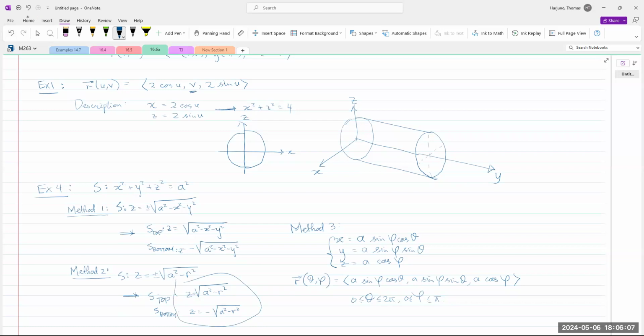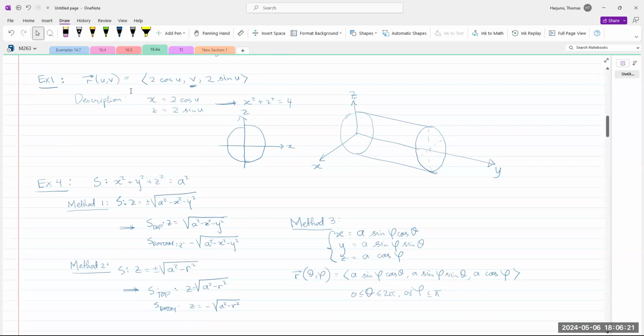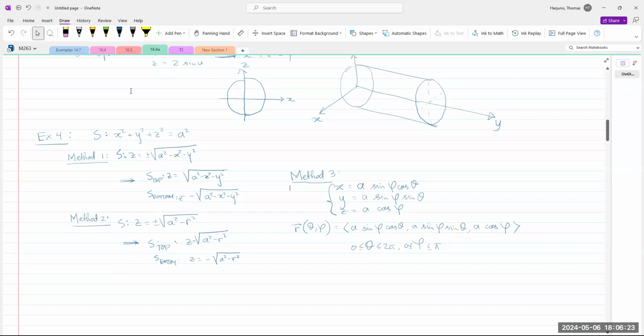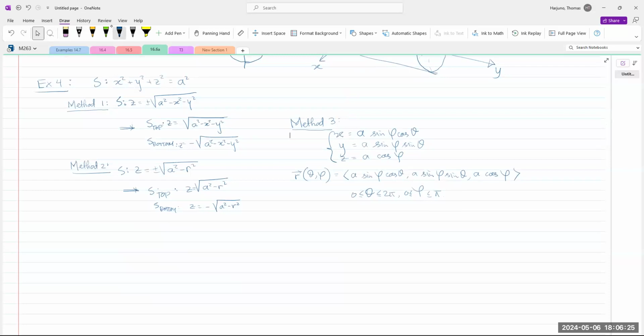But method number 3 gives us a single surface vector function, which we have an easier way to play with.